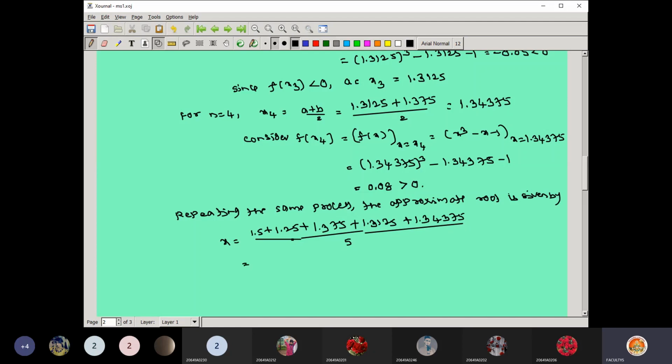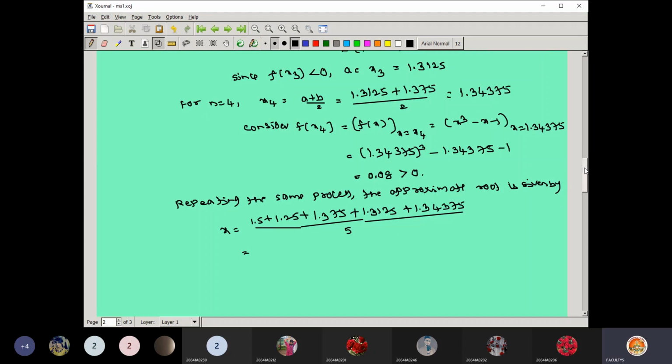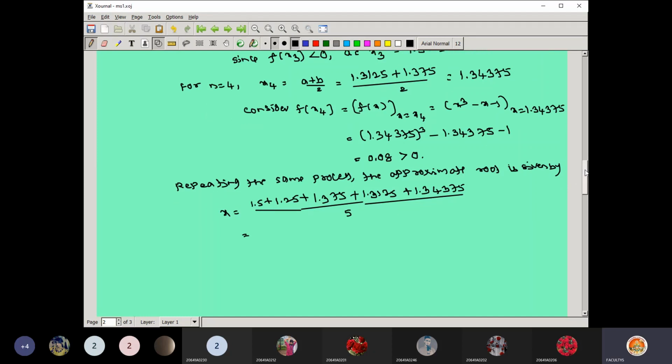So can you add the values and divide by 5? How much are you getting? Just take the total of all the approximate roots divided by 5. 1.35625.